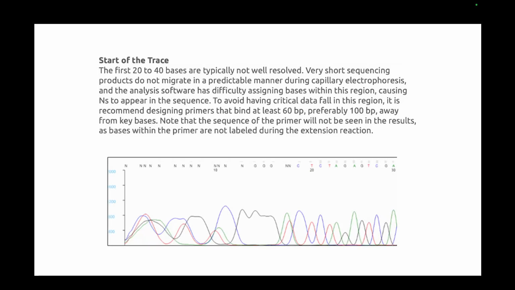It's quite simple. For the first 20 to 40 base pairs, you'll notice that it is not very well resolved. If you see on the lower end, your peaks are very distinct. So this peak is there, your next peak is actually in the trough of this curve. So your peaks are very distinct in terms of ATGC.